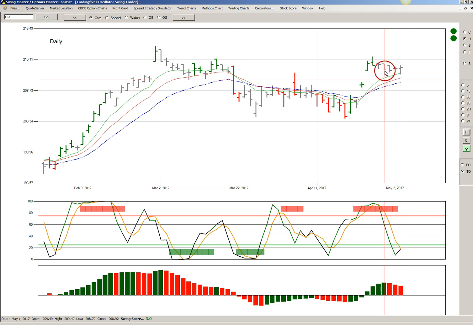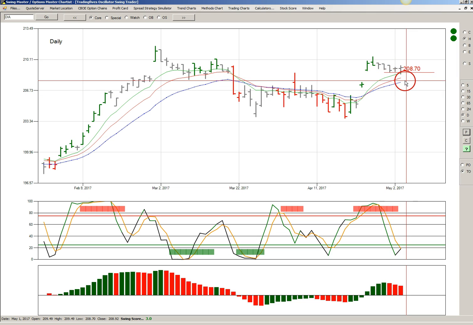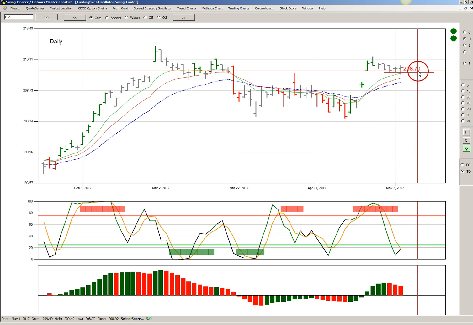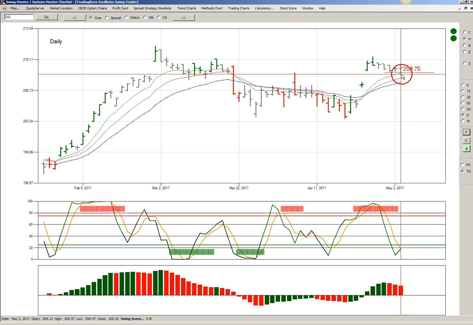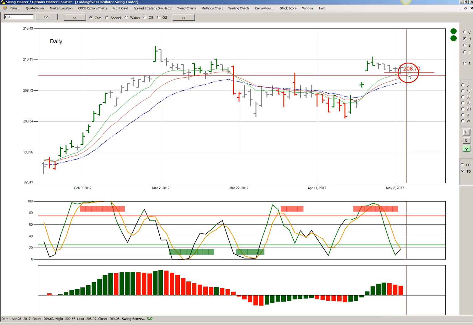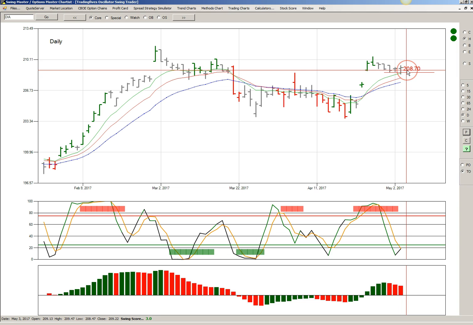Click on the P, look for the first red bar, line it up, and the execution price is 208.70, or one tick below 208.69, and it looks like the DIA executed on that today, but then ran above it. So one variation, depending on your level of caution or your general approach to trading, is that you may want to wait for a close below the execution price.